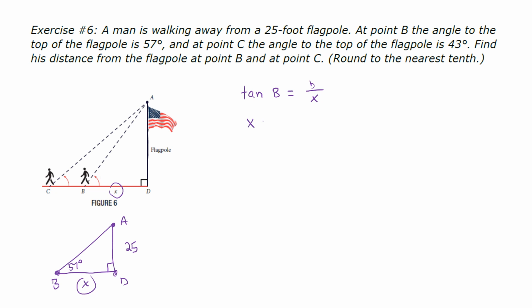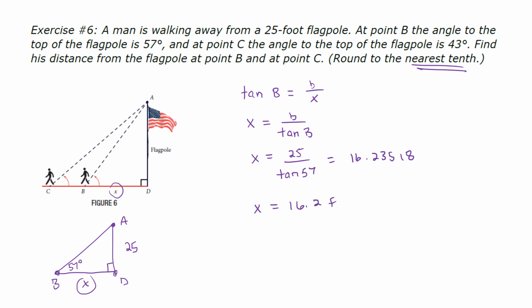So x would equal b over the tan of angle B. So that would be 25 over the tangent of 57, which would equal 16.23518. We're asked to round to the nearest tenth, so x would equal 16.2 feet.